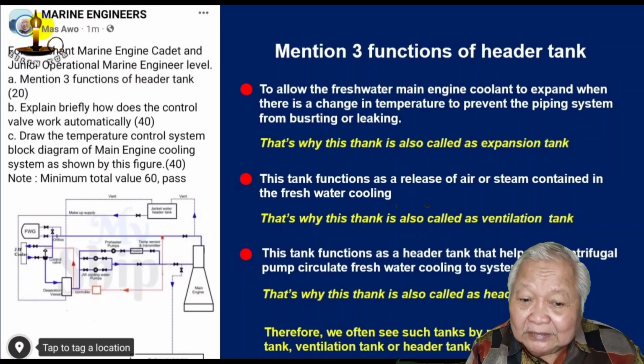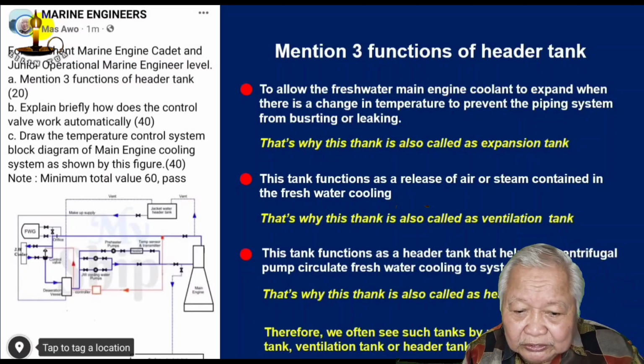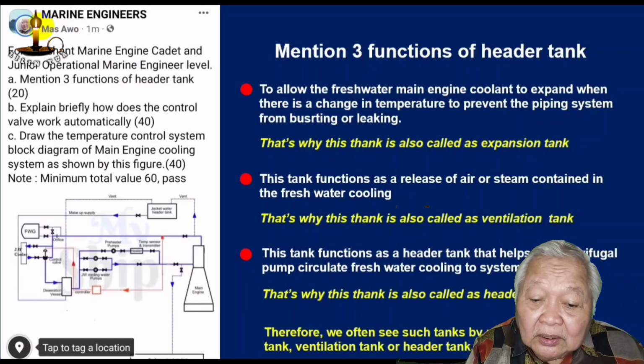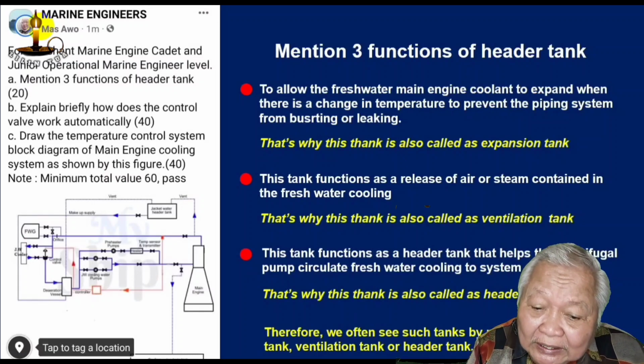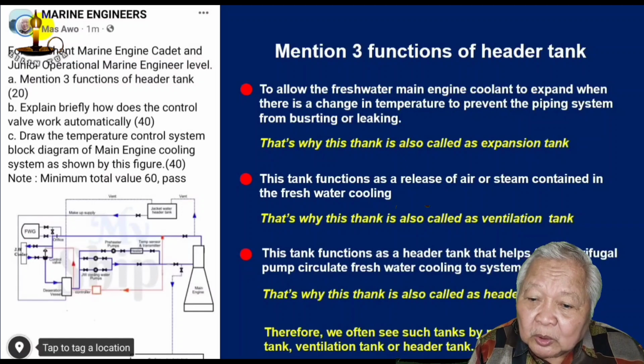And then the second function of the heater tank is as a release of air or steam contained in the freshwater cooling.